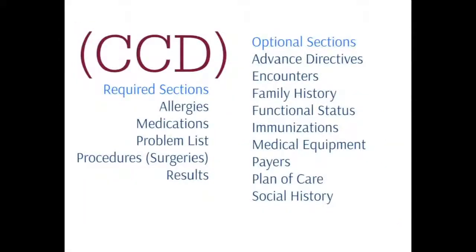So if we look at what's in a CCD, these elements have certain required sections and a number of optional sections. Now, I'm not going into a ton of detail on every last one, but there are a lot of areas where any of these sections could then be reused in another document.